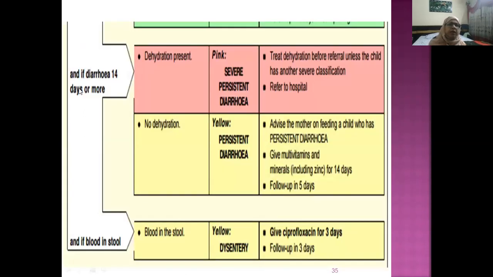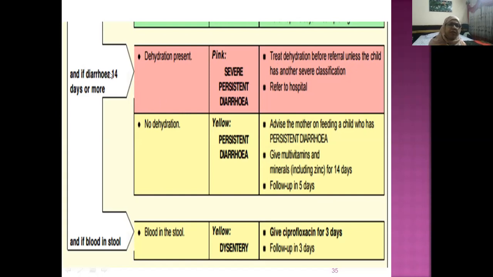If the baby has diarrhea for 14 days or more, and if dehydration is present, the baby will be in pink zone. So classification will be severe persistent diarrhea: treat dehydration and refer urgently to the hospital. And if the child has another severe classification, you have to refer the child to the hospital.